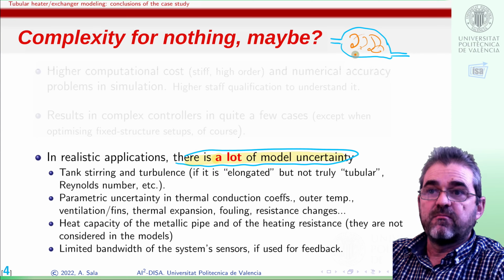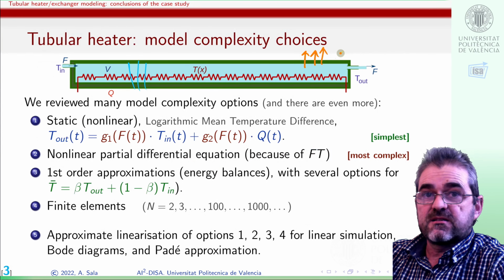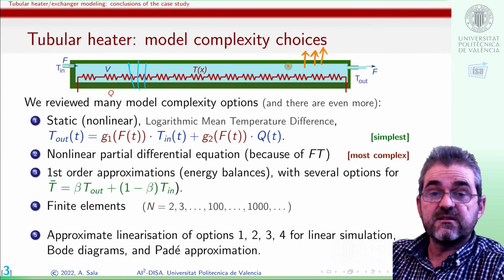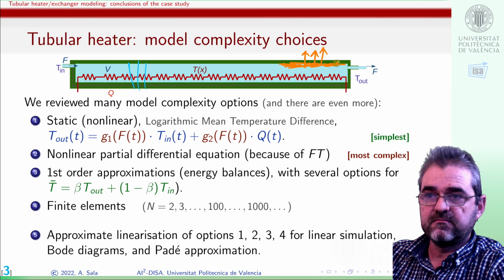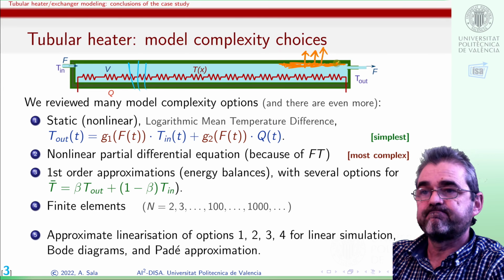But also, maybe the thermal conduction coefficient, I see that it is 300, but it is 400. Or it is 200 because I have some kind of fouling deposits in the pipe with time. So I have uncertainty in this heating coefficient.